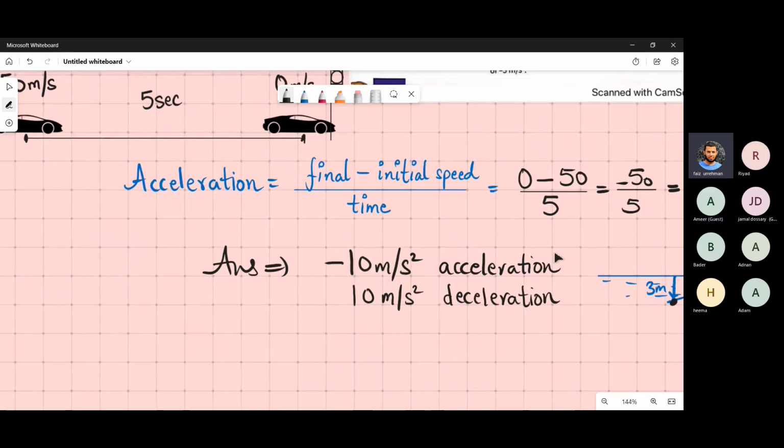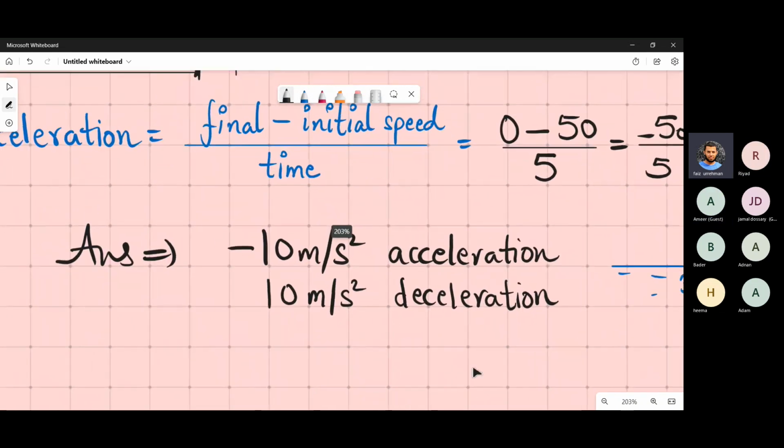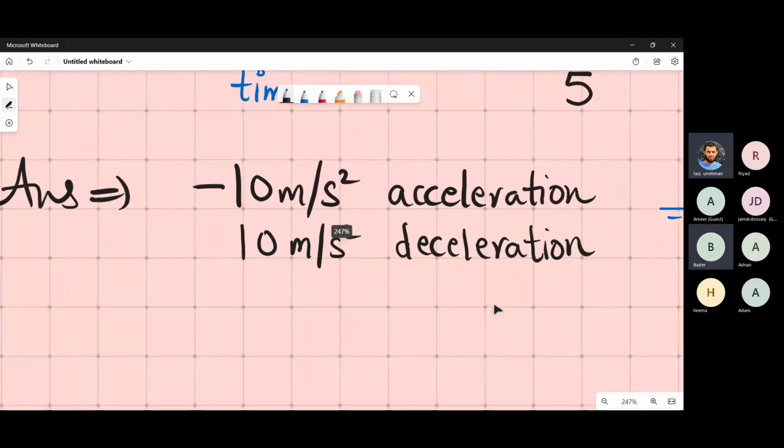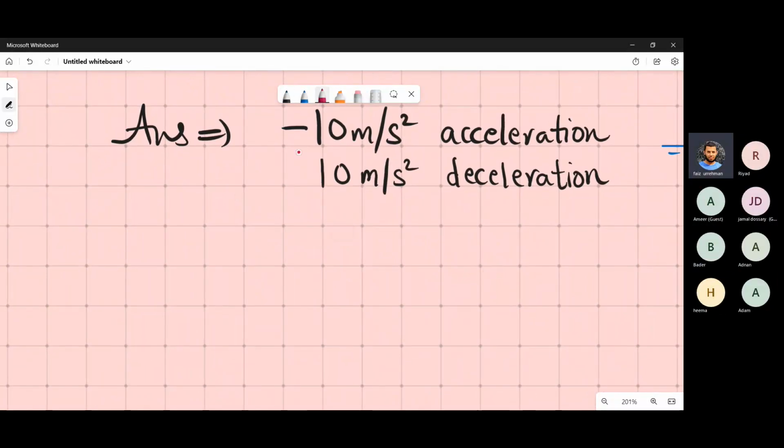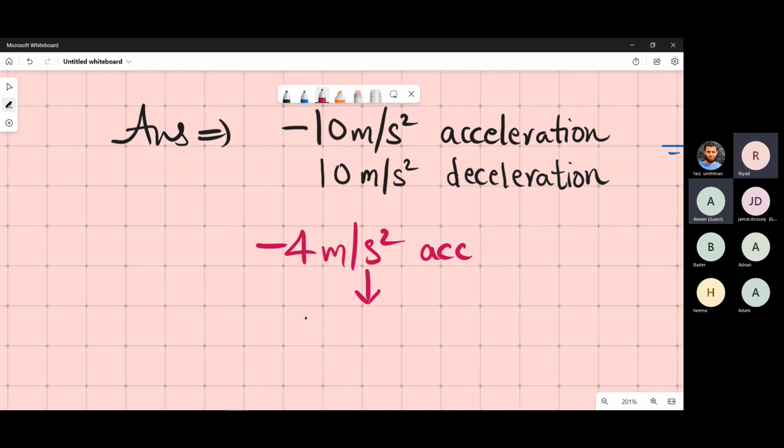That's why in the following questions, if you have, for example, minus 4 meter per second square acceleration, it is another way of saying 4 meter per second square deceleration.